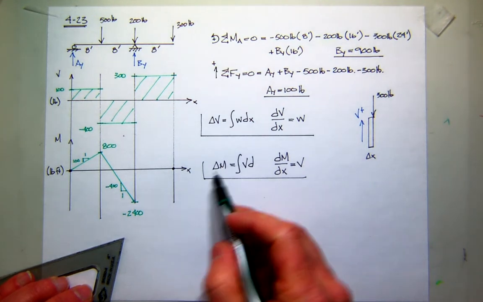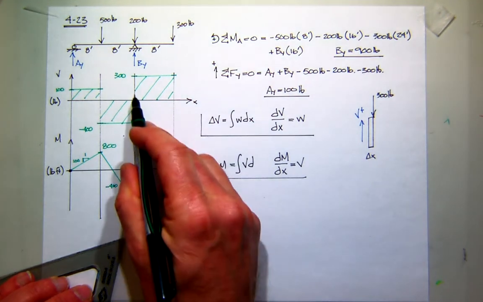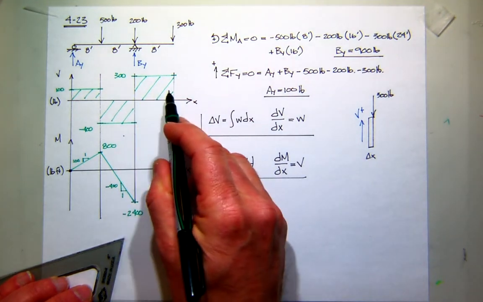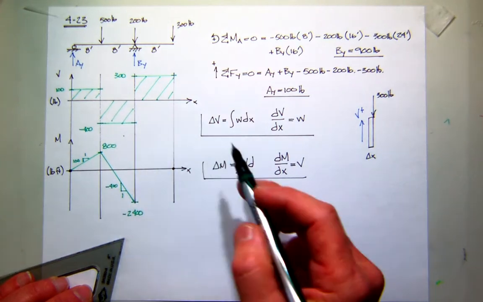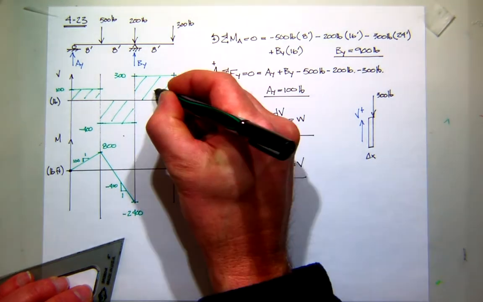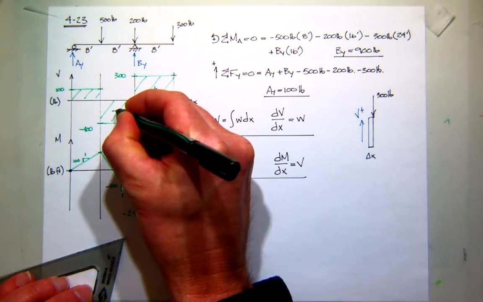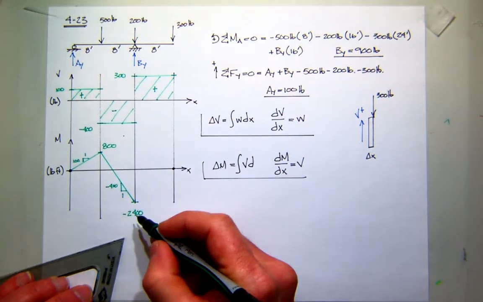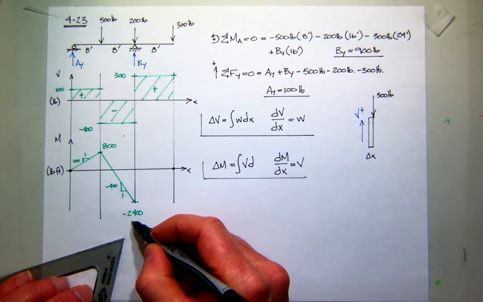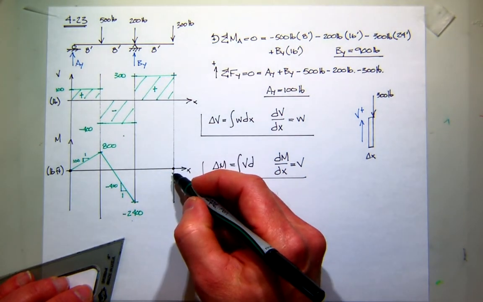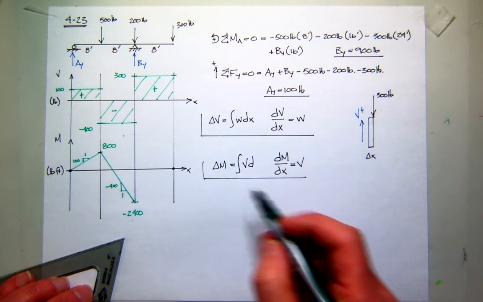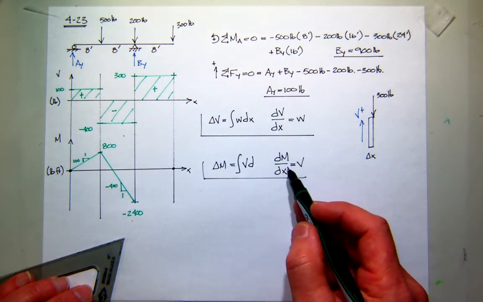Now the change in moment is the area under the shear diagram here, the last 8 feet, which is 300 times 8, which is positive 2,400. This is a positive area. This is a negative area. This is a positive area. So, of course, negative 2,400 plus 2,400 gets us back to 0. Yay! And the slope is equal to the shear.